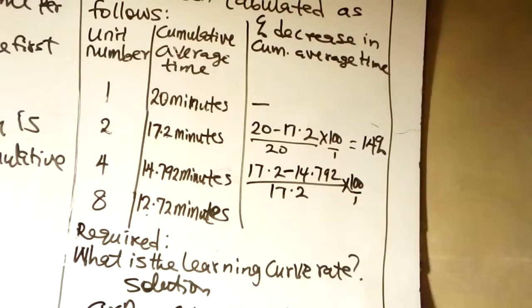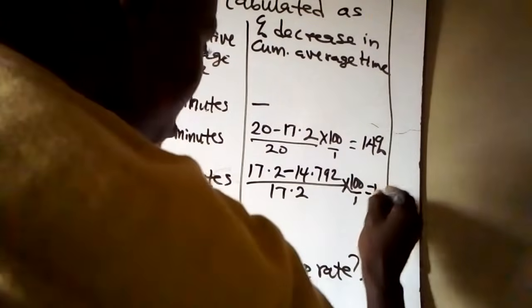So if you have 17.2 minus 14.792, then you have 2.408. 2.408 divided by 17.2, then you have 0.14 times 100. That will also give you 14%.